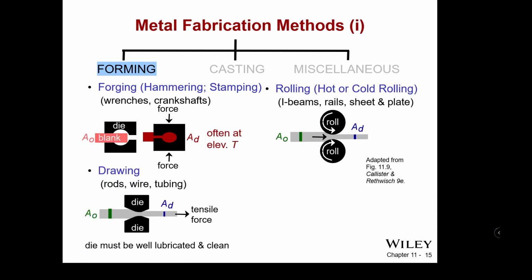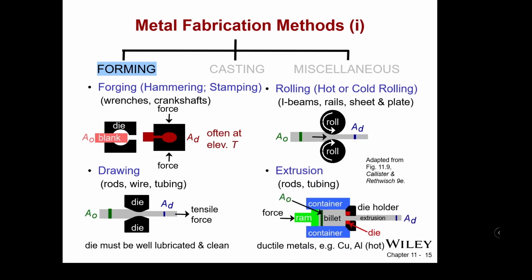So these I-beams, rails, sheets, plates, all sorts of things are hot or cold rolled, depending. Drawing runs it through the die. So we've seen some of those examples. And extrusion, where you're forcing a billet through a die in order to get to a specific new geometry. So dies are really key.